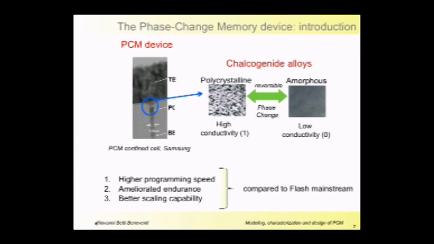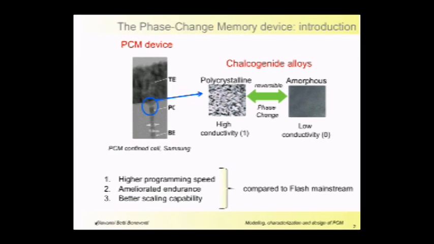The phase change layer is constituted by a chalcogenide alloy, that is a special material that, if appropriately heated by applying suitable electrical pulses, so by exploiting the Joule effect, can switch between two different states of matter: a polycrystalline high conductivity state and an amorphous low conductivity one.